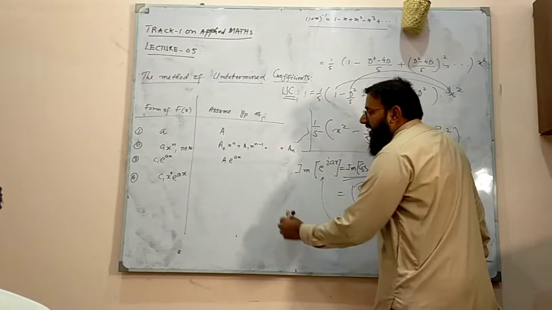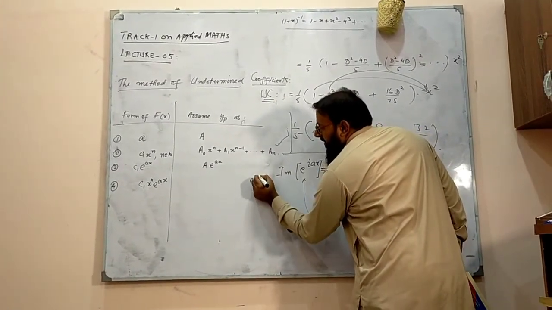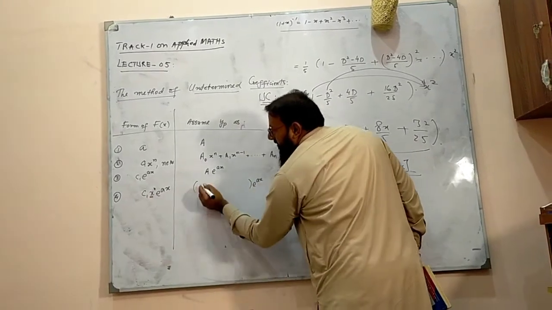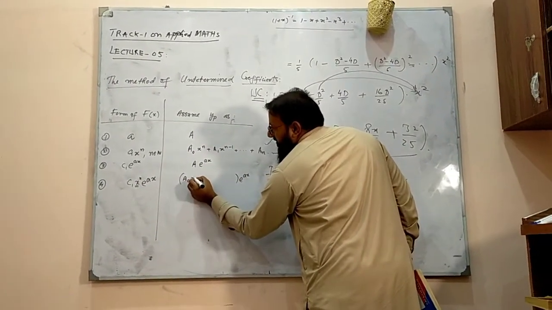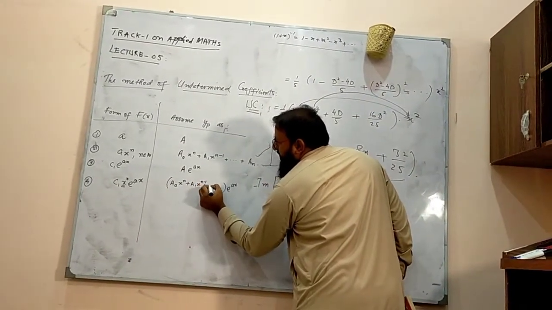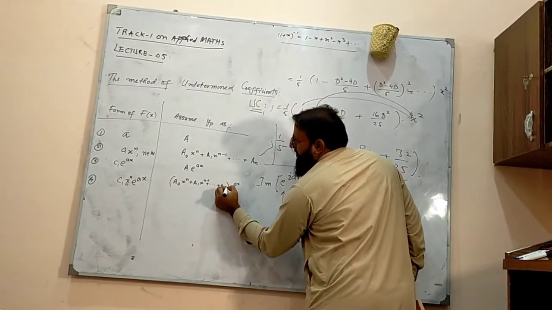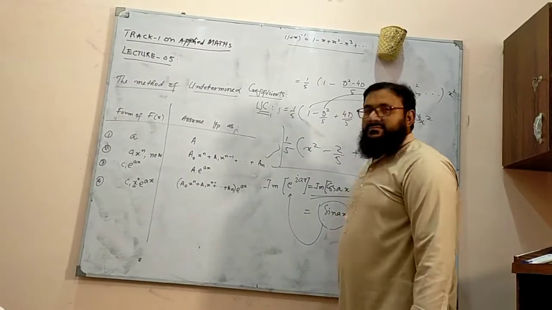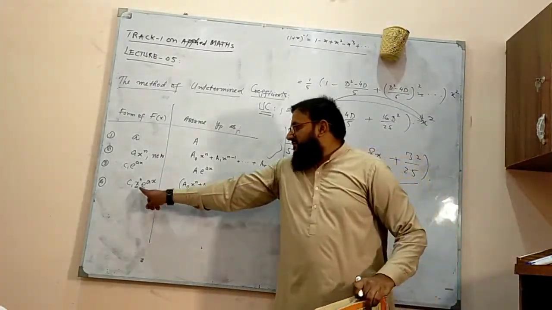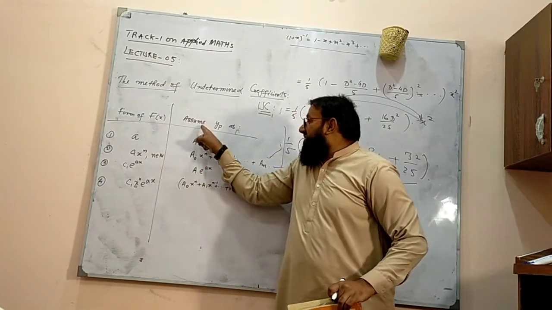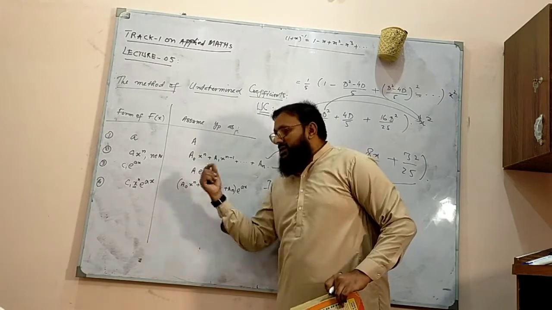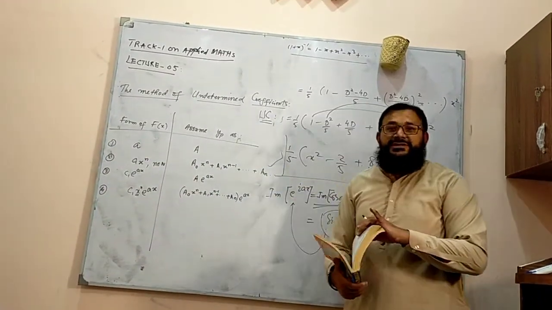When these are multiplied, then you have to write e power a x and then multiply with the nth degree polynomial, that is a naught x power n plus a1 x power n minus 1 up to a n. Nth degree is given to you in f of x. Assumption of yp should be this whole. It should not be only a single thing.